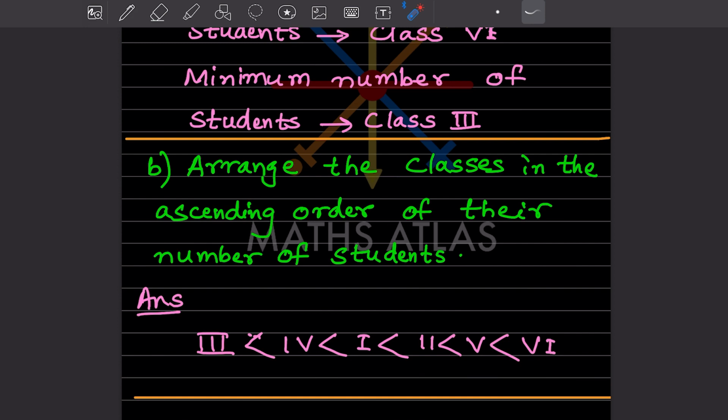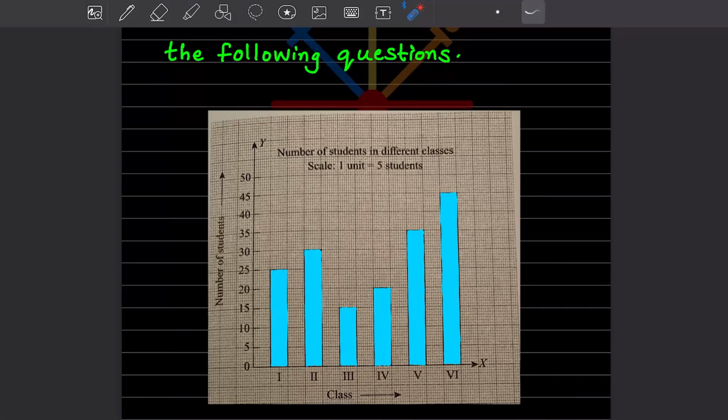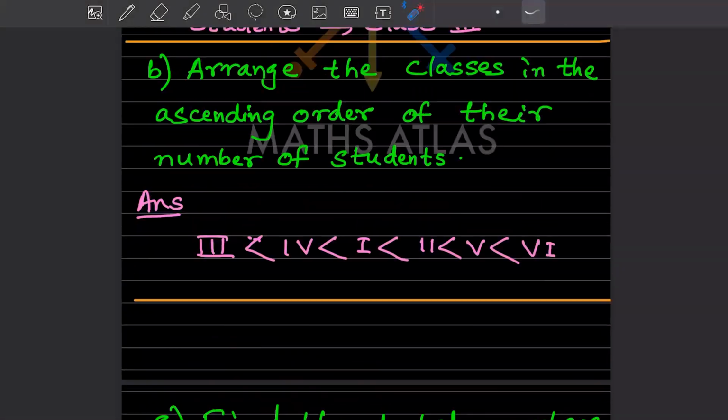We have to arrange according to the number of students in ascending order. So can you see here? This is the lowest, then this, and this.